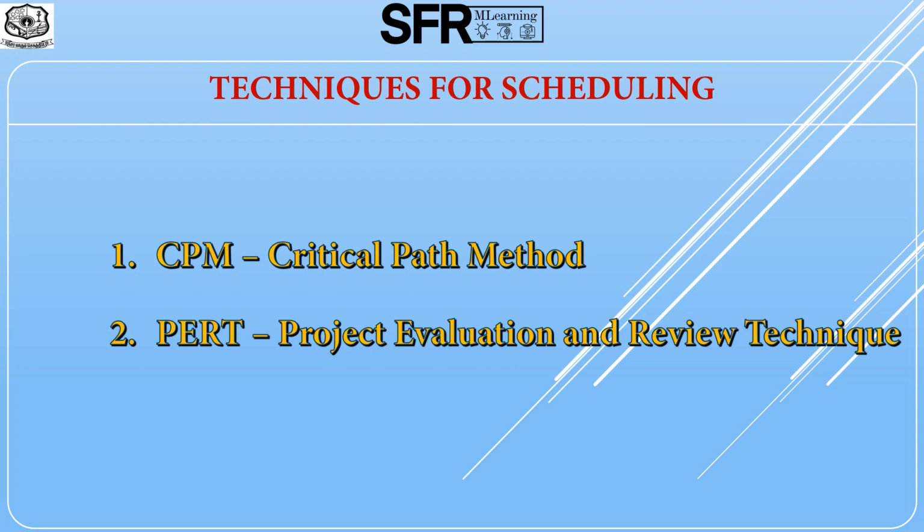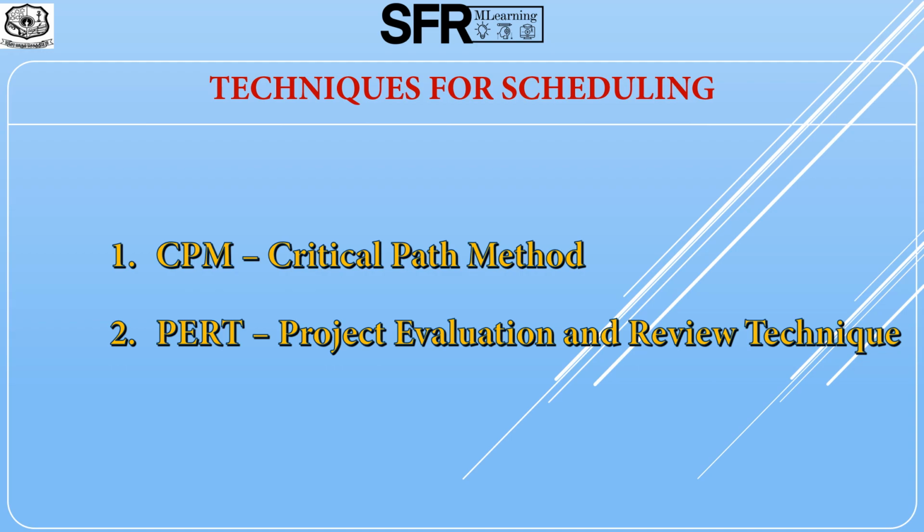There are two techniques for scheduling. One is CPM, that is critical path method. Another one is PERT, that is project evaluation and review technique. Here, CPM is called the deterministic process because from this method we can get the expected value of minimum project duration time.